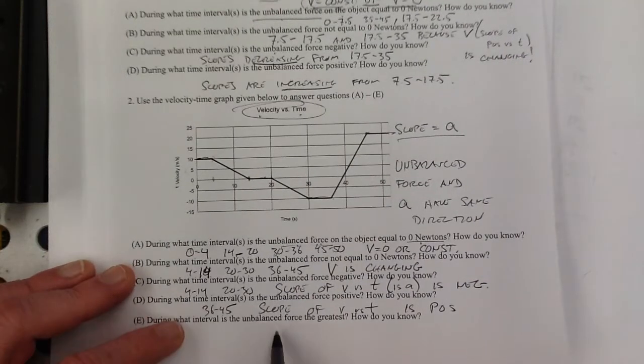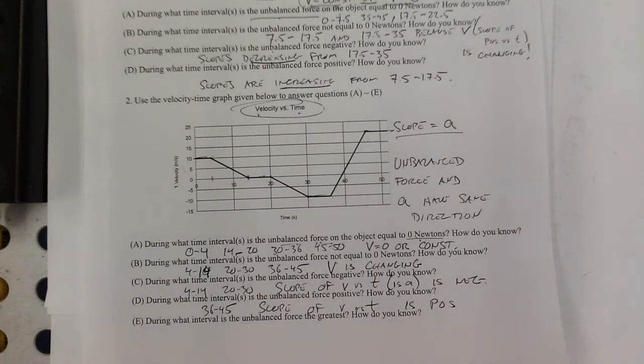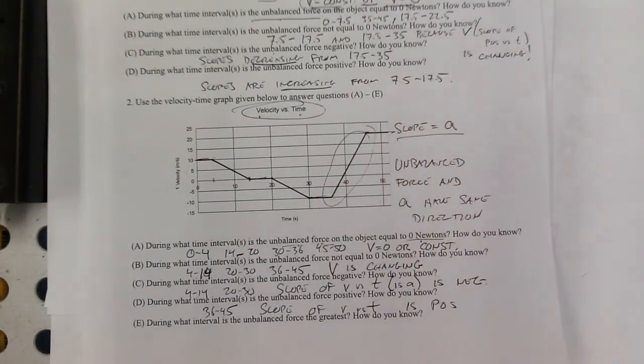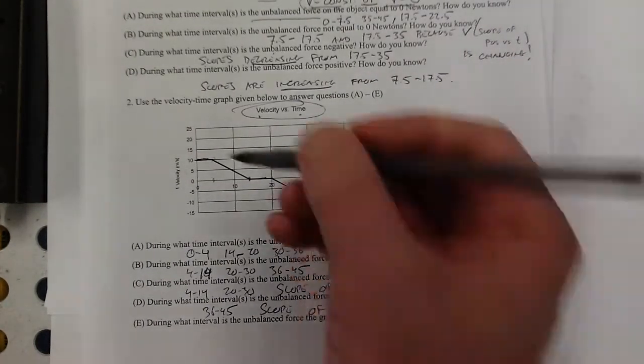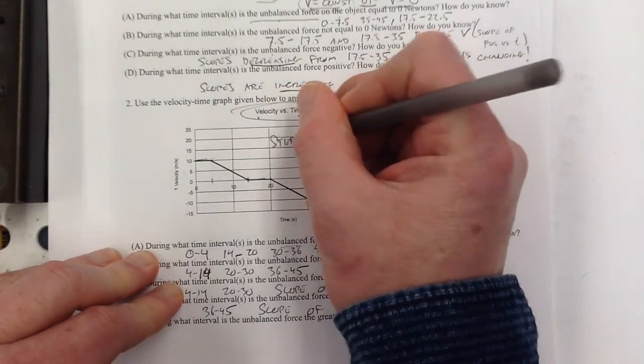During what interval is the unbalanced force the greatest? Just eyeballing it, it looks like that's definitely the steepest, right? We could actually try to put numbers on this, but this right here is, I think, clearly the steepest.